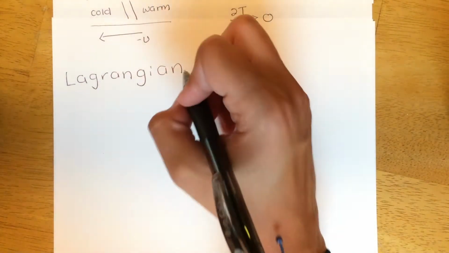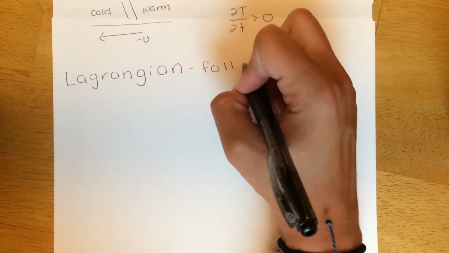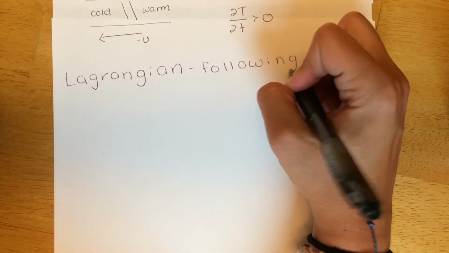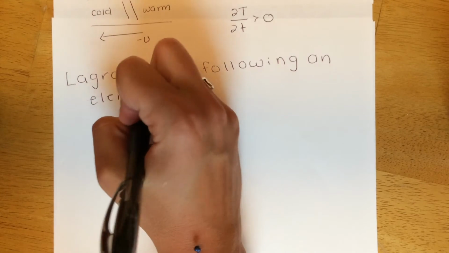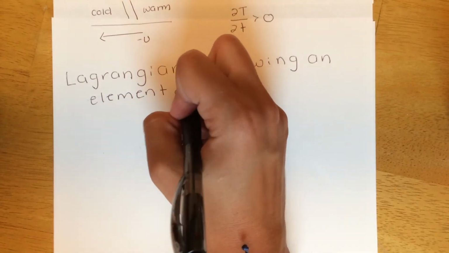Lagrangian is the other reference frame we commonly use in physical oceanography. Lagrangian refers to the reference frame following the fluid parcel.